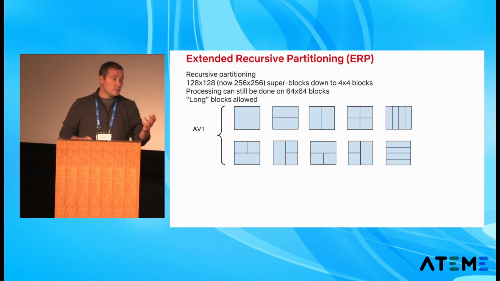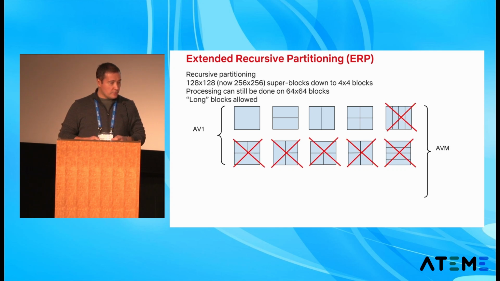So next I'm going to speak about the extended recursive partitioning, since that's probably one of the first blocks that you start implementing the codec with. So here you can see the available partitions in AV1.